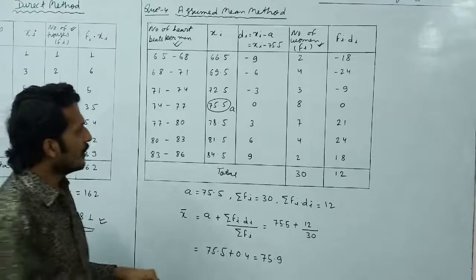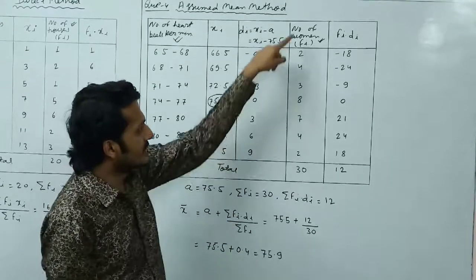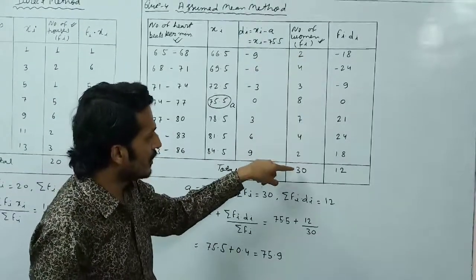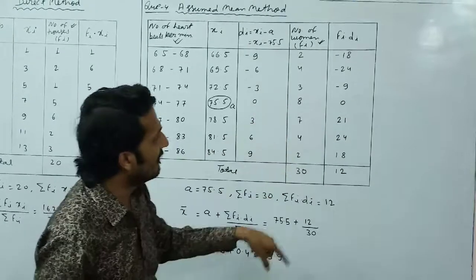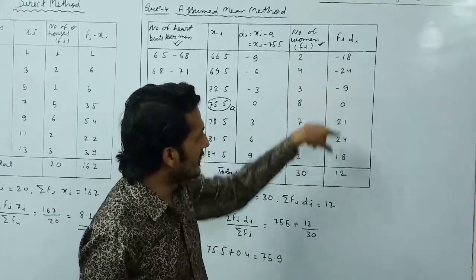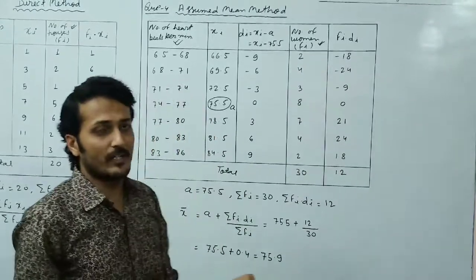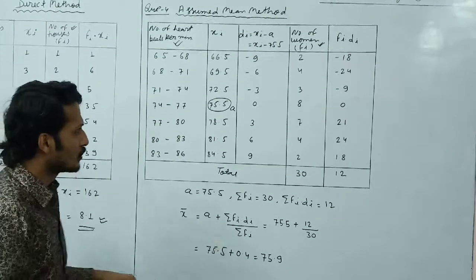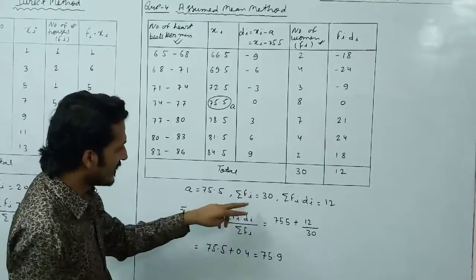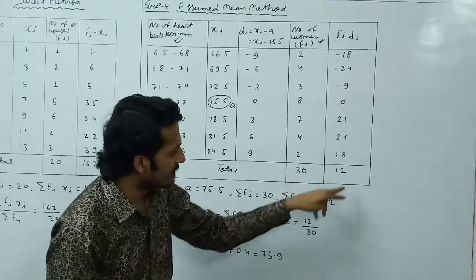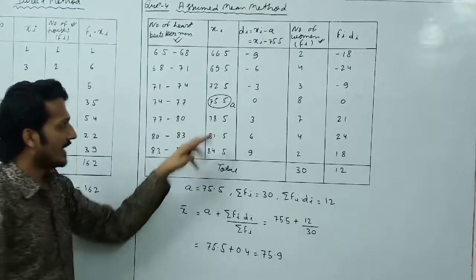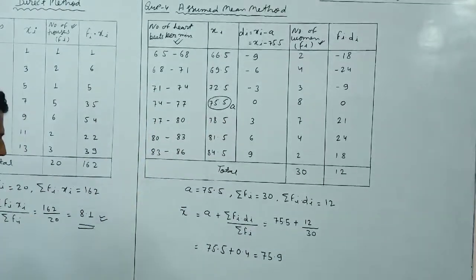Now sigma fi will be the addition of the values in the column of fi, and sigma fi di will be the addition of the values in the column of fi di. So by adding these values we get sigma fi is 30 and sigma fi di is 12, and what is a we have discussed earlier.